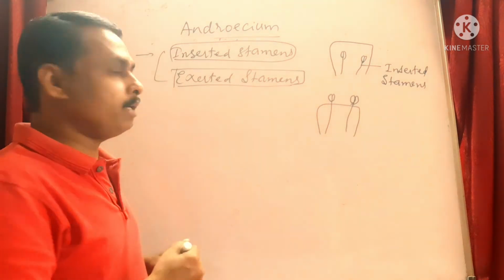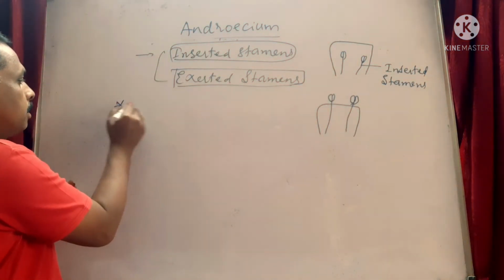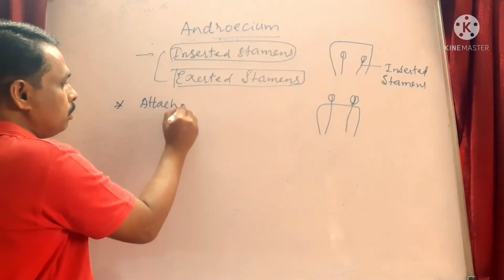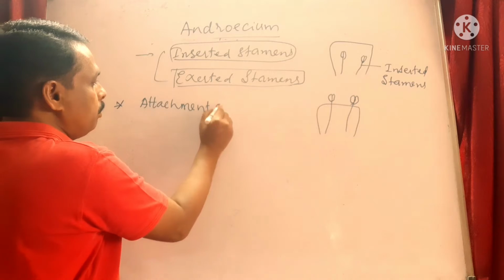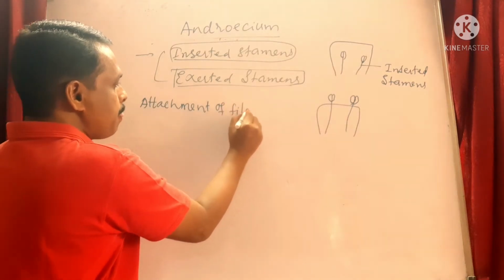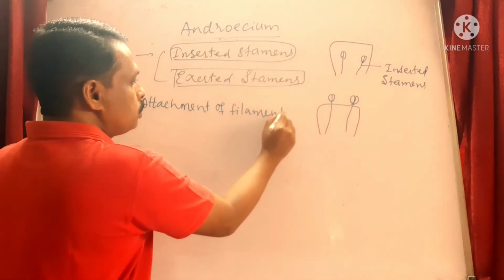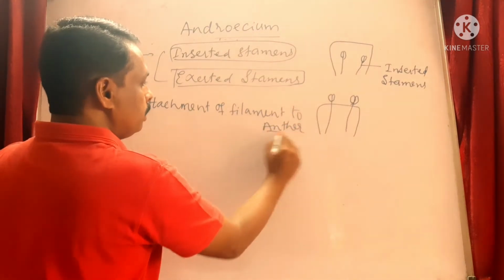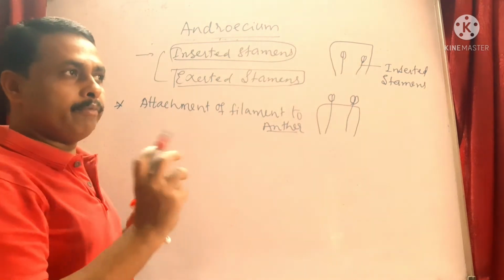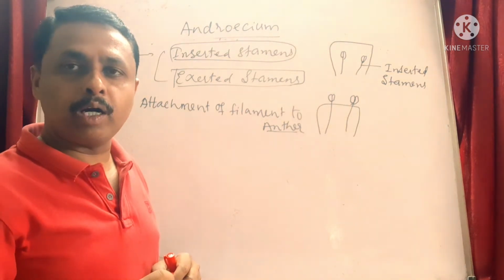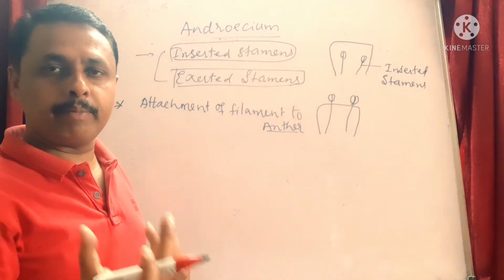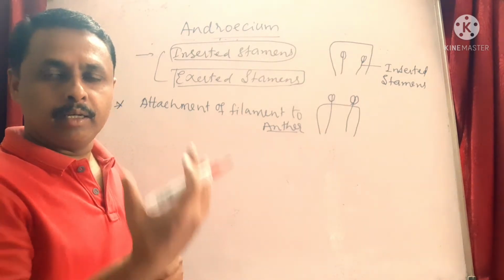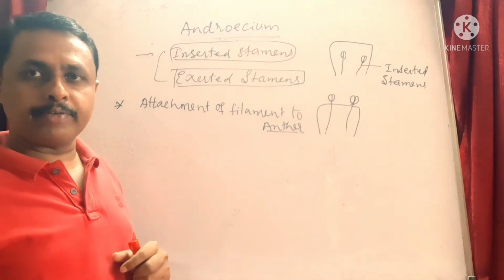Based on the attachment of filament to anther. Based on which side or which surface of the anther the distal end of the filament is attached, we can describe the stamens into different categories.